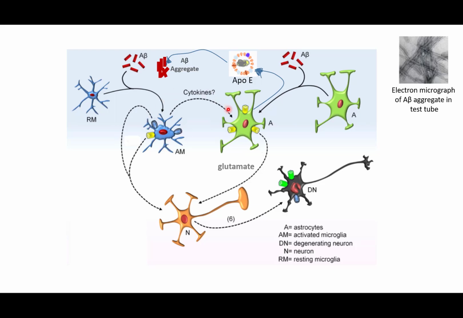This releases cytokines, and it activates astrocytes. Astrocytes release ApoE, apolipoprotein E, which is a lipid and protein structure. Normally this just goes and gets rid of the amyloid beta peptides.